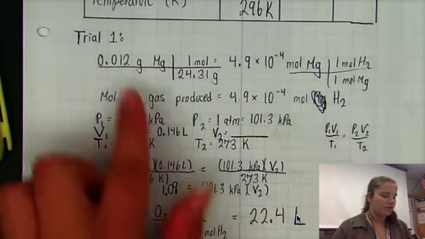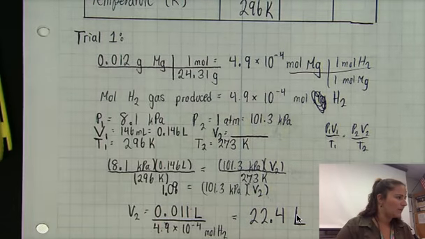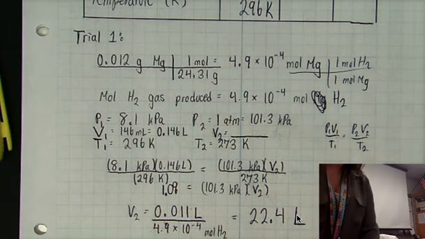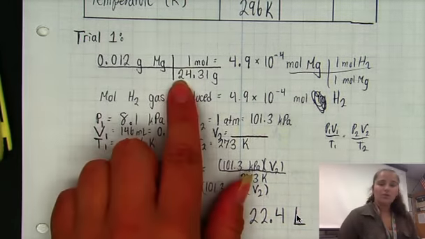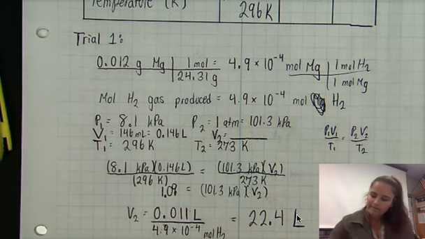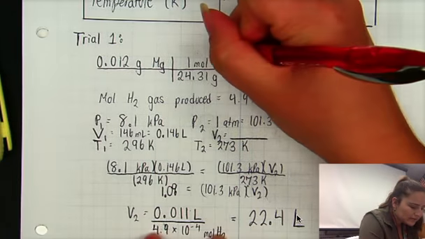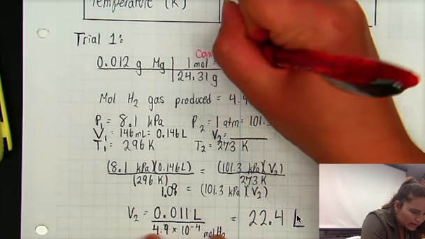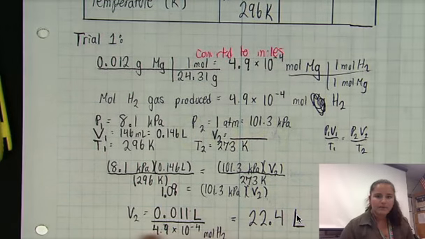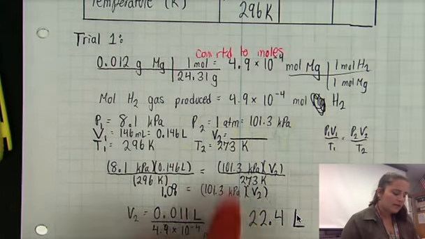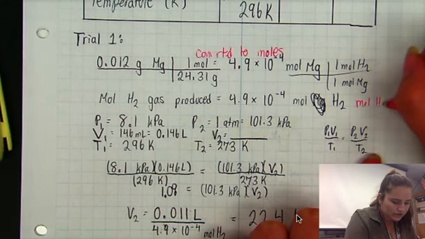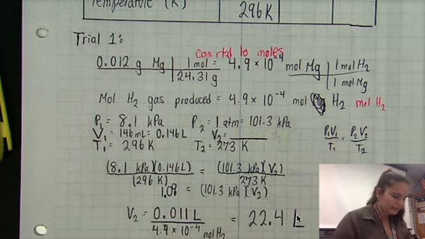Okay, but to refer back, let's go over what we did. I'm going to grab another piece of paper, pencil to annotate it. First, we converted to moles. Then we found our moles of H2 from our moles of magnesium.